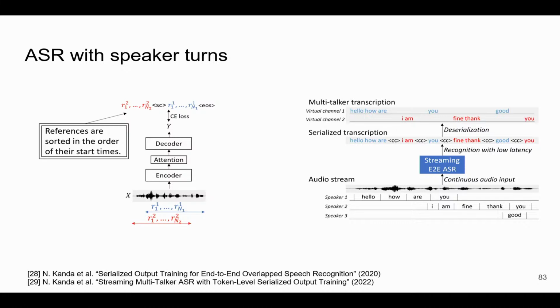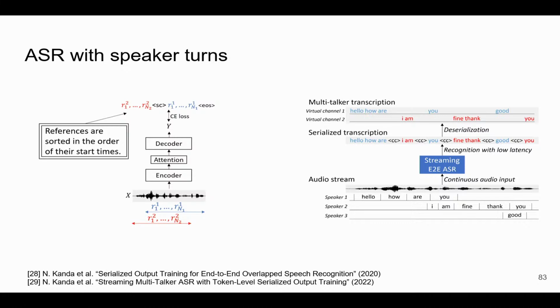There are other approaches of combining ASR with diarization, and that's basically including speaker turns, and this comes with serialized output training, where when you do transcription, you have your words.